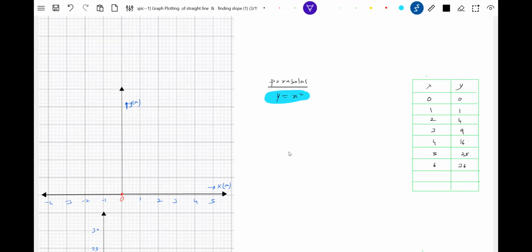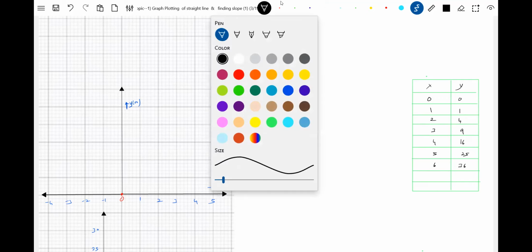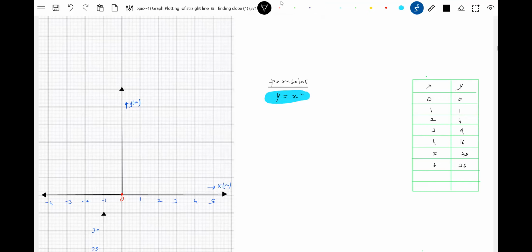On the y-axis, what scale to choose? The scale is not defined on the y-axis. Since 36 is there, we will go for 5, 10, 15, 20, 25, 30, 35. I will extend here.